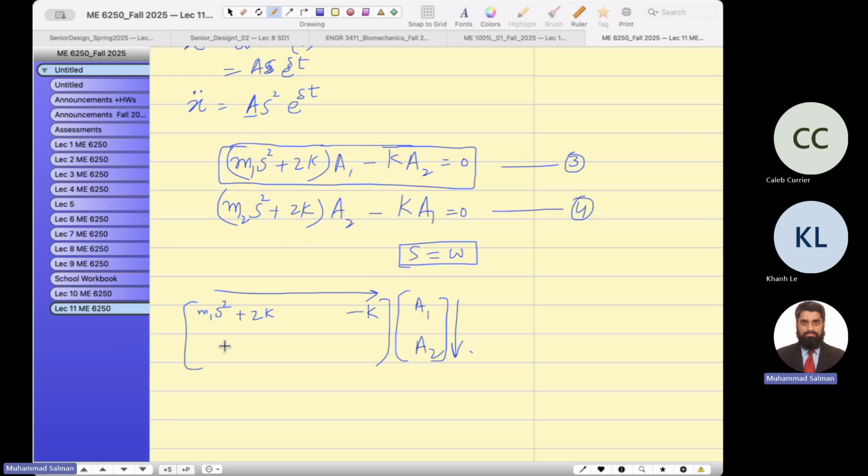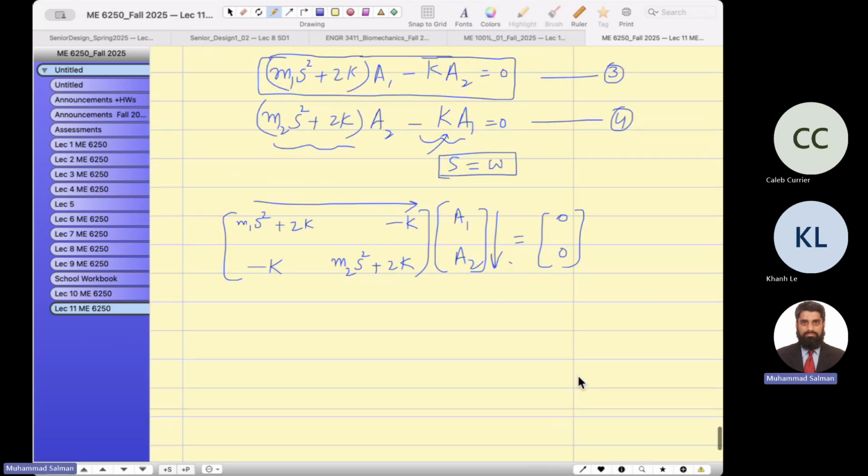So I can rewrite the second equation with negative k first, because you multiply negative k with a1 and you get this term here. For a2, you write the coefficient, which is m2 s squared plus 2k. The right hand side is 0. The next thing you have to do is find the determinant.